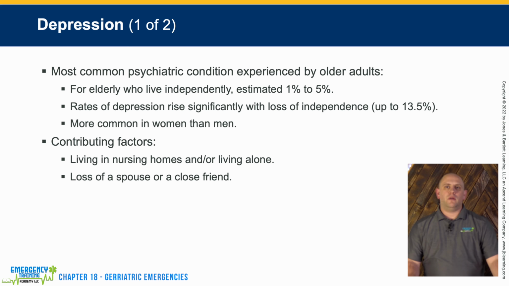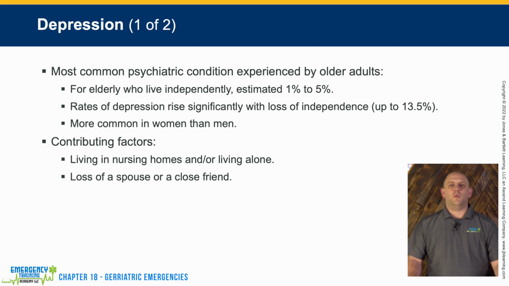We see that for elderly people who live independently, there's an estimated 1 to 5% of people over the age of 65 that have depression. Those rates rise significantly with the loss of independence or mobility. That goes up to around 13.5%.